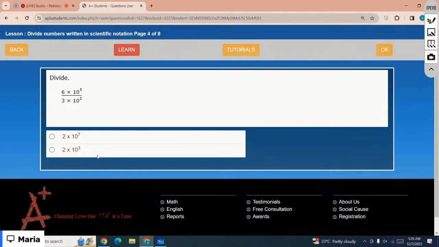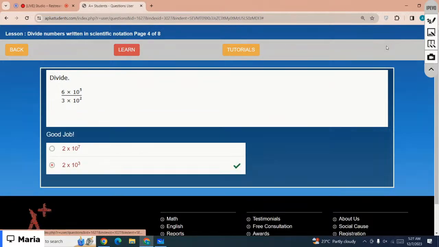That is option number 2. That means 2 times 10 exponent 3 is the correct option.